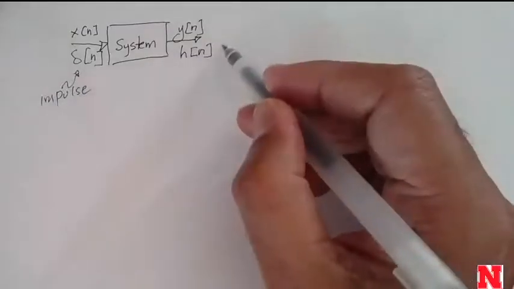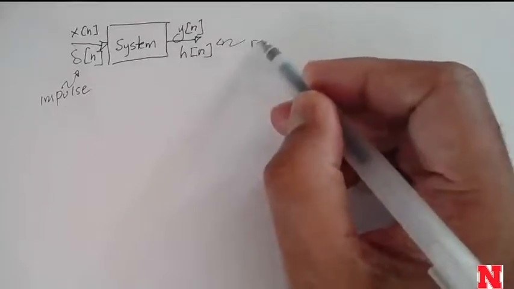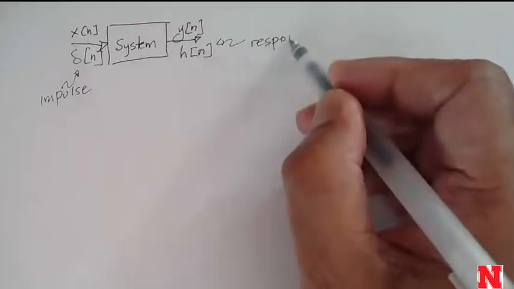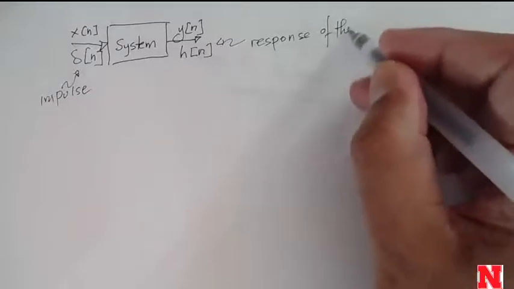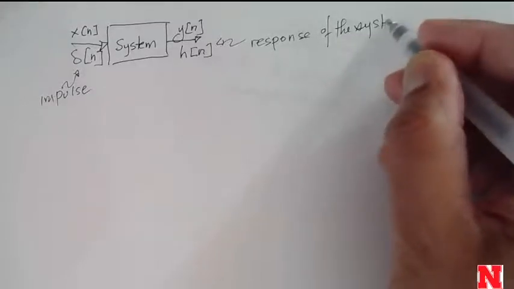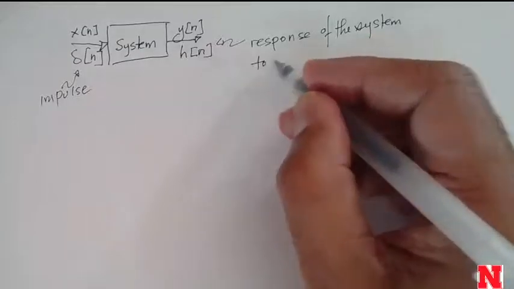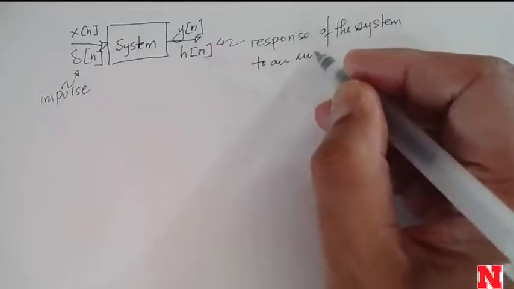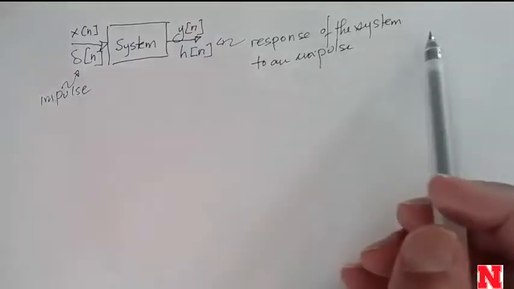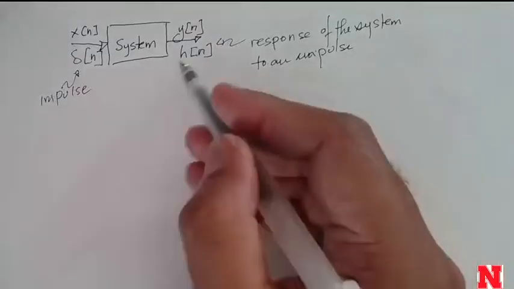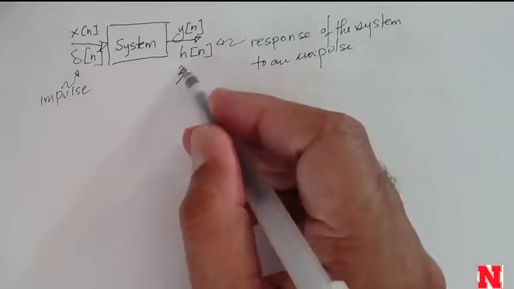So the output is the response of the system to an impulse. And because it is the response of the system to an impulse, it is called the impulse response.